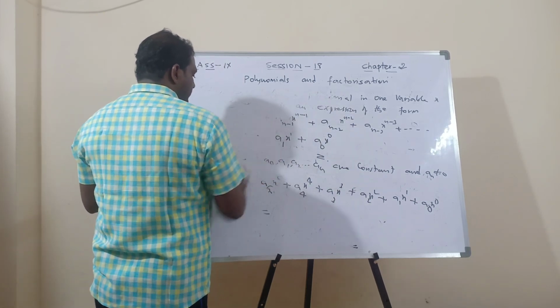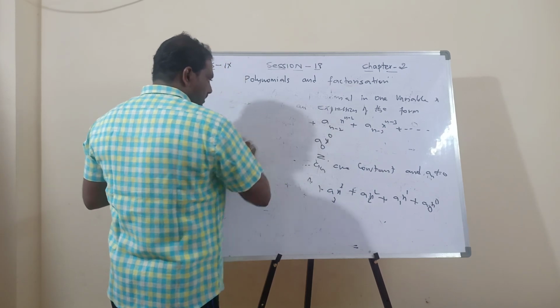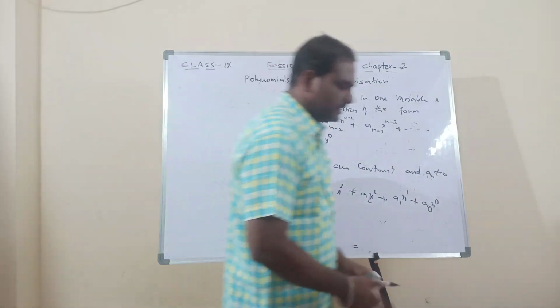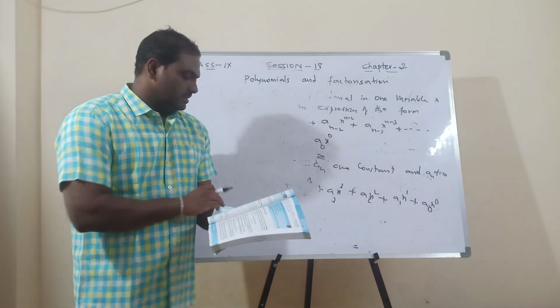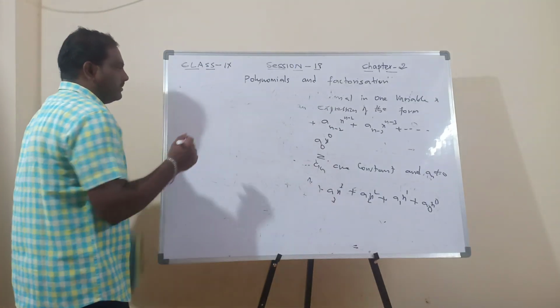So now coming to today's assignment. Let me recall what I told today. We are in chapter 2, and I have given the definition of a polynomial, polynomials in one variable, and degree of a polynomial.